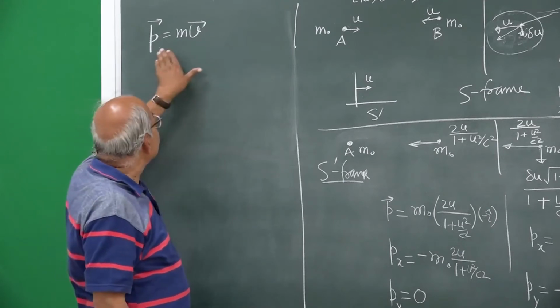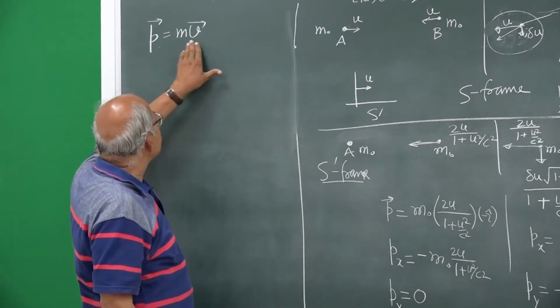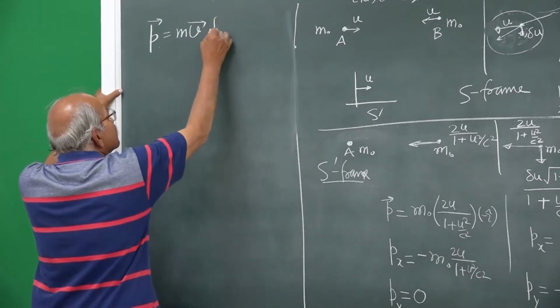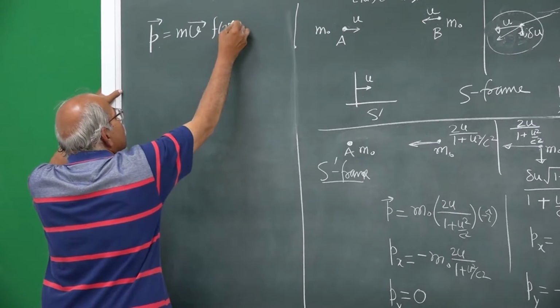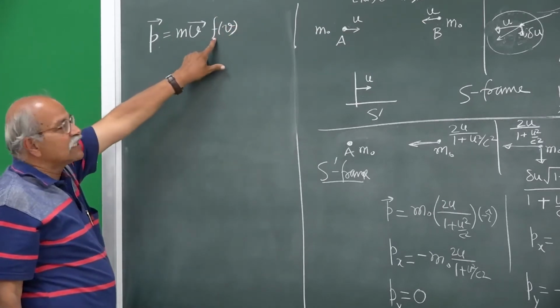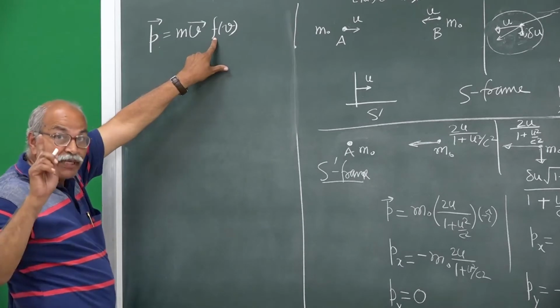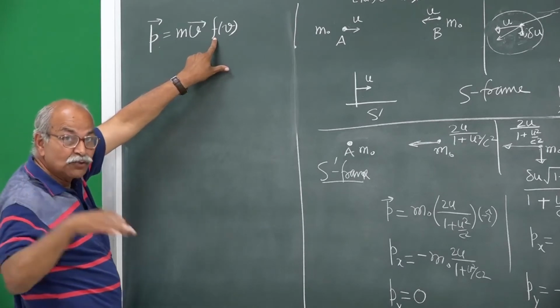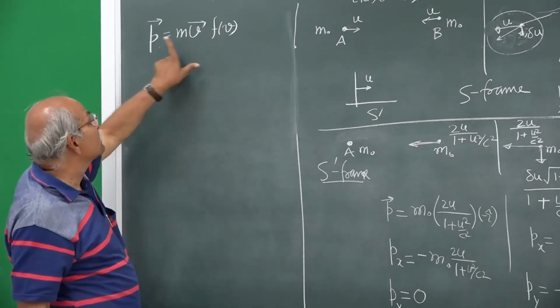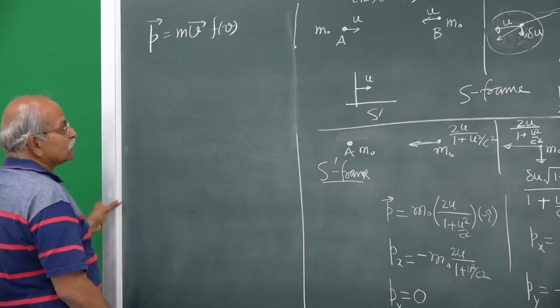So, let us say that it is to be multiplied by some function of speed f v, and the requirement is that this f v should become 1 as you approach 0 velocity, because at low velocities it should work.